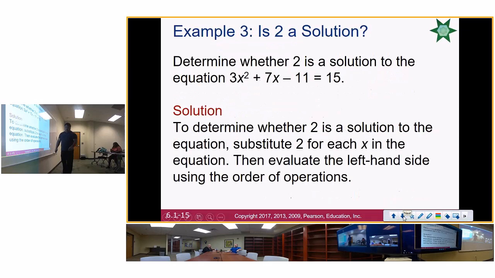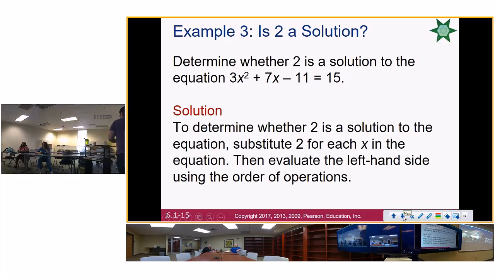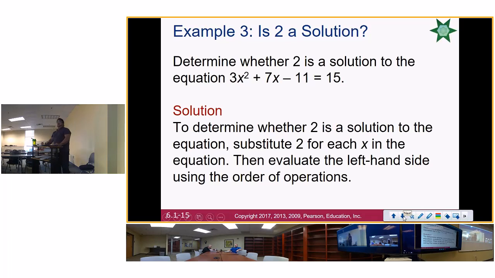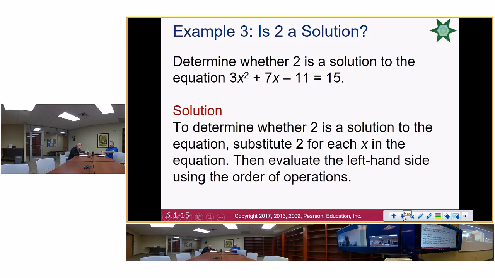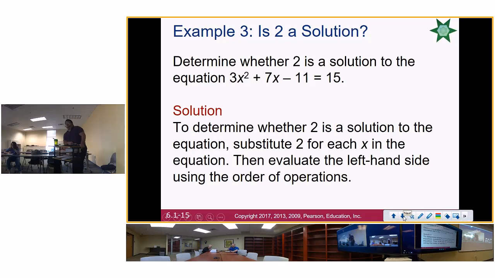Okay, determine. You remember the first slide I gave y'all? It said evaluate and determine. What did I tell you that meant? Plug and chug. Read that question, and I want you to put it in your notes because this is a test question. Remember I told you there was going to be one evaluate and one determine. Here's the determine. It says determine whether 2 is a solution to the equation.